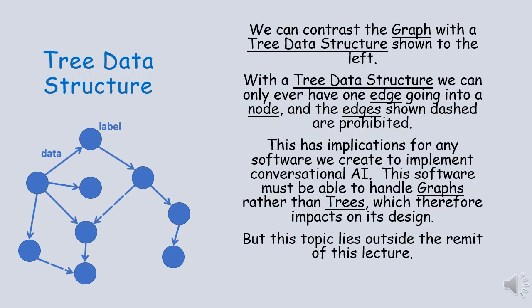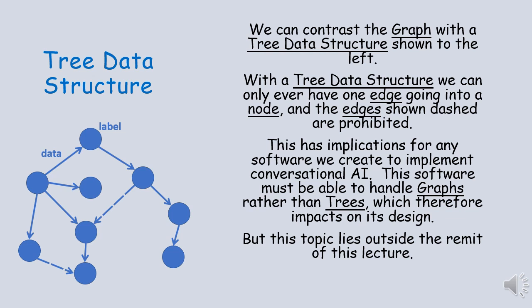We can contrast the graph with a tree data structure shown in the figure to the left. With a tree data structure, we can only ever have one edge going into a node, and the edges shown dashed in the figure are prohibited.